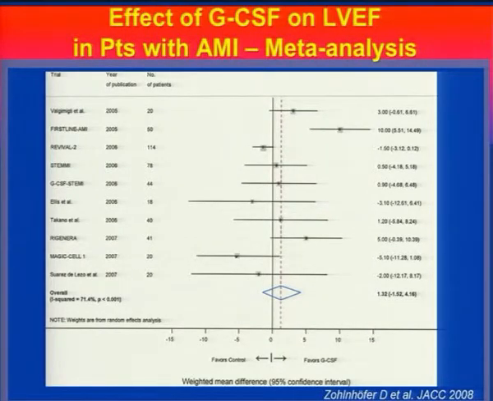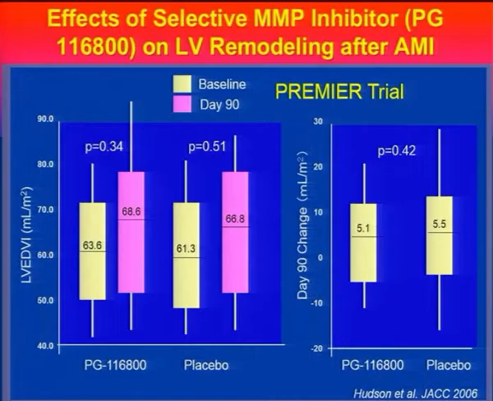So it is still controversial, and we have to do further trials on the timing, what dose of G-CSF, what combination with another drug or something like that. So some modification is necessary to improve this, and another candidate is the inhibition of metalloproteinase.